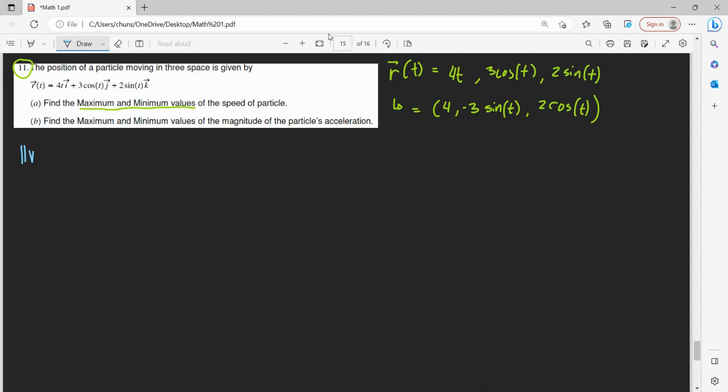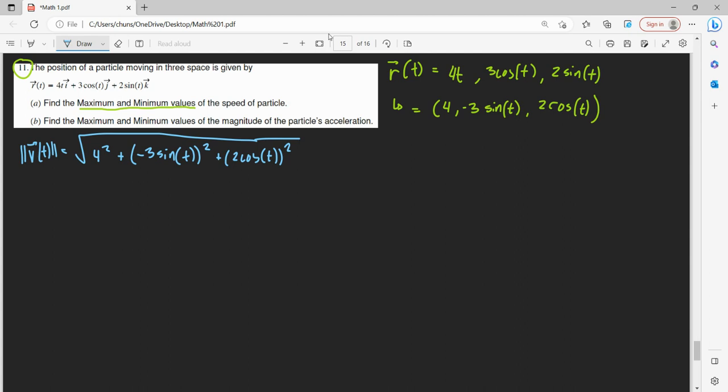So when we do speed, we can have 4 squared plus negative 3 sine t squared plus 2 cos t squared.